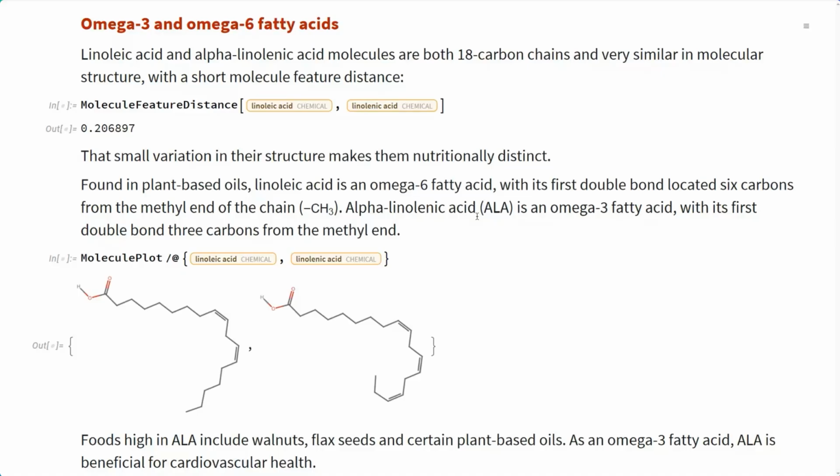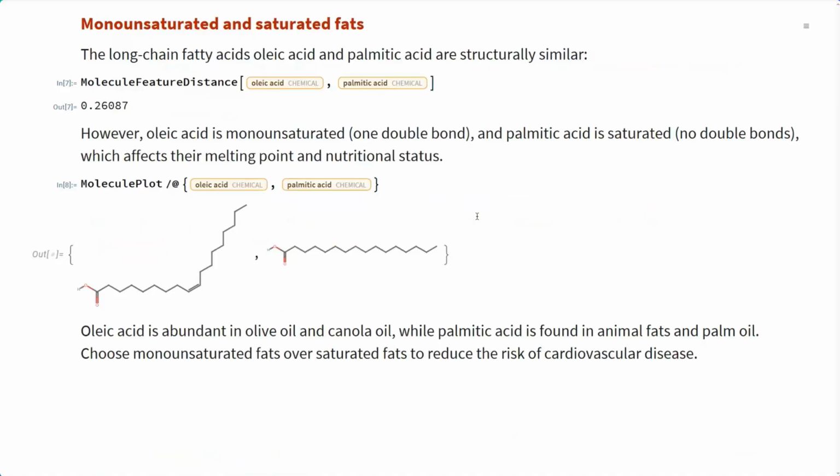Moving on to another fascinating couple of molecules: monounsaturated and saturated fats. Let's look at oleic acid and palmitic acid, because they are structurally similar. Again, 0.26 is their distance from one another.